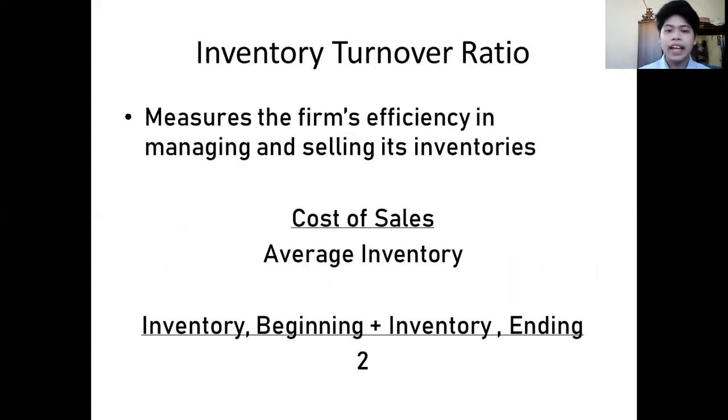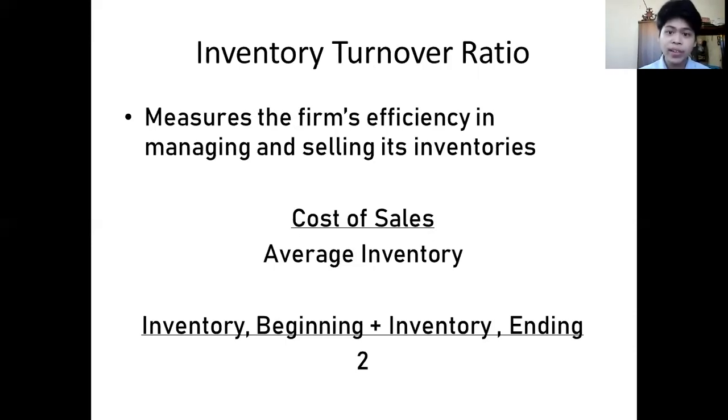Okay. Ito naman, inventory turnover ratio. It measures the firm's efficiency in managing and selling its inventories. Again, merong pattern na yung numerator, yun yung income statement account. Yung nasa denominator naman, yun yung balance sheet account.